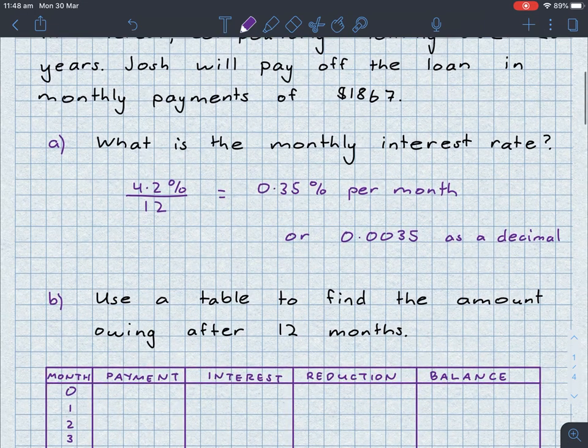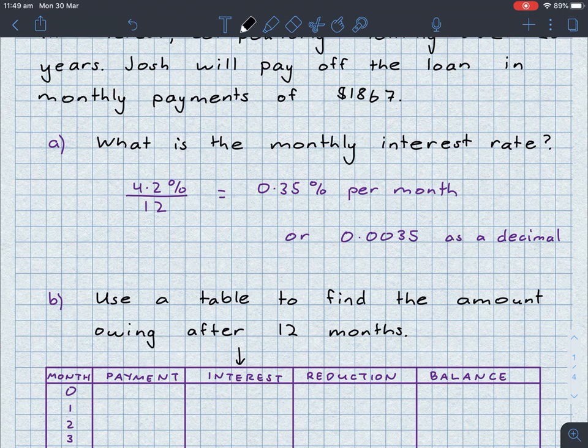Okay, next we're going to use a table to find the amount owing after 12 months. So in this table, we're going to have a column showing which month it is. We're starting with 0 so that we have our original balance in this table. Payment just refers to the $1,867 that's being paid off the loan each month.